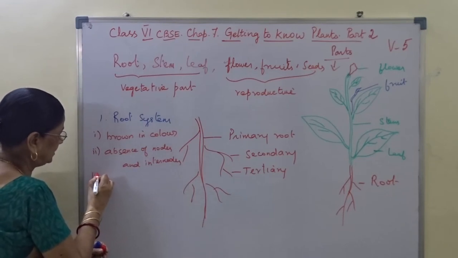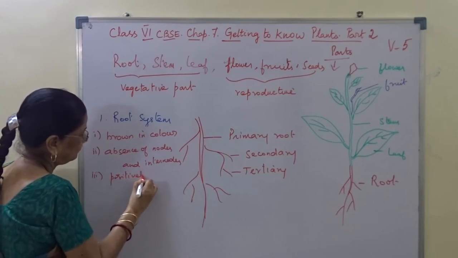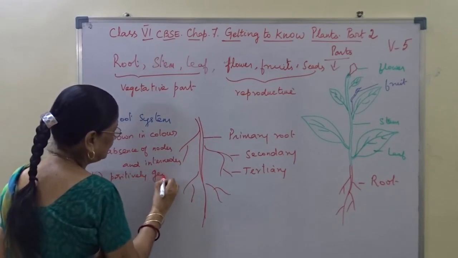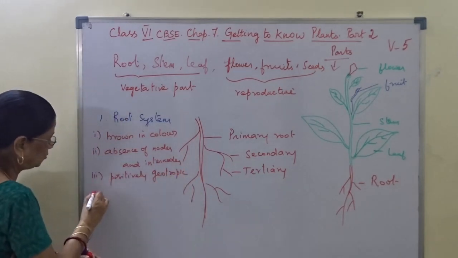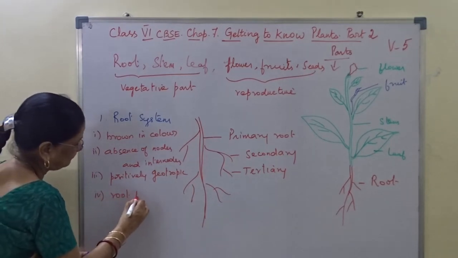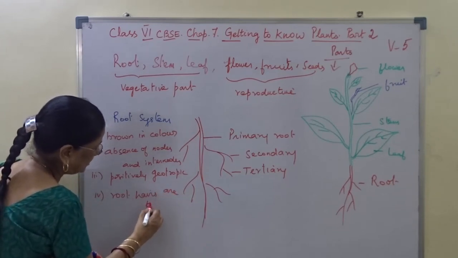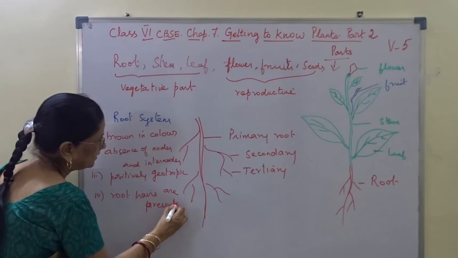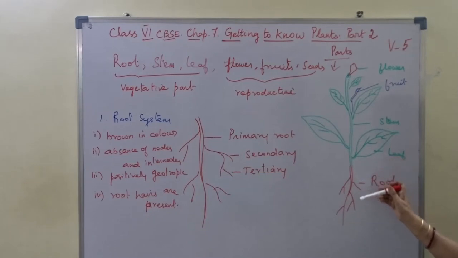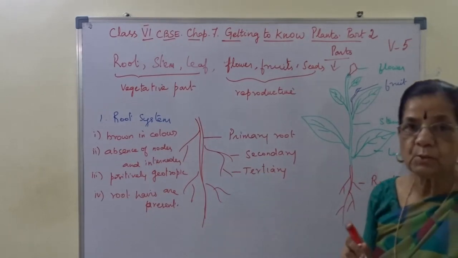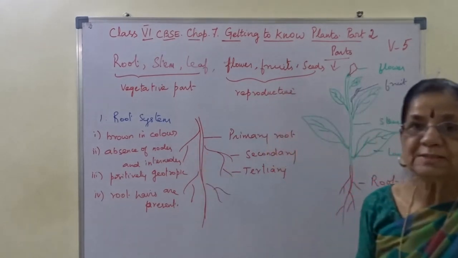They are positively geotropic, and root hairs are present. What do you understand? First, roots are found below the soil. They are brown in color. And then I have given absence of nodes and internodes.